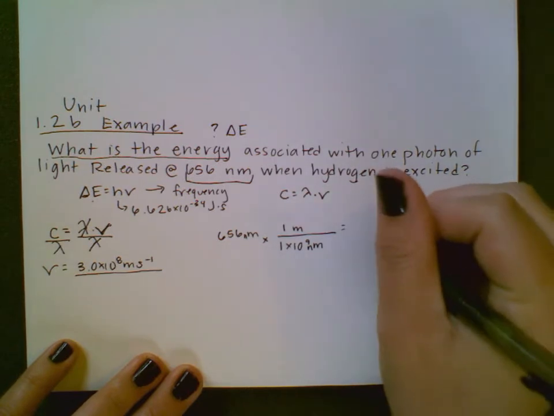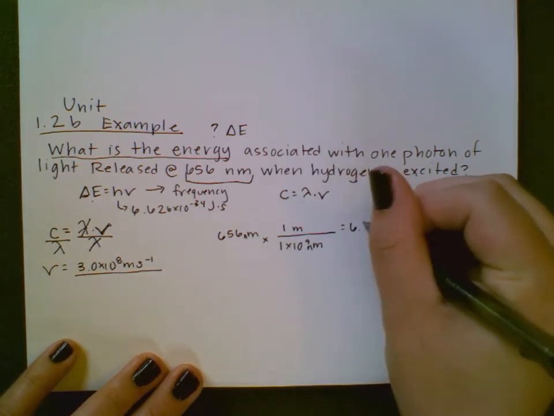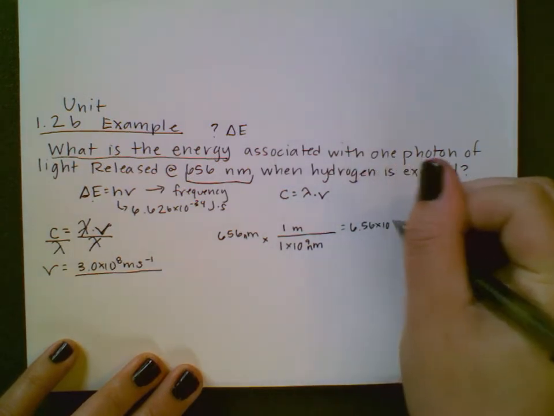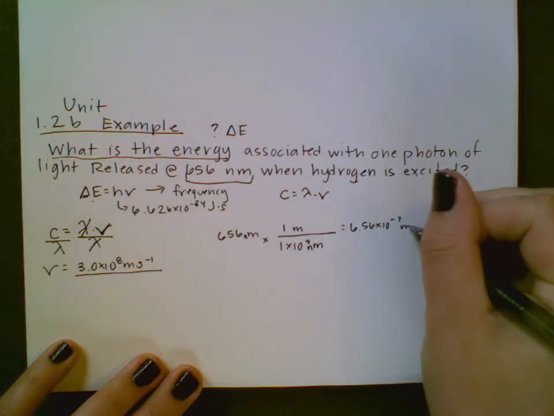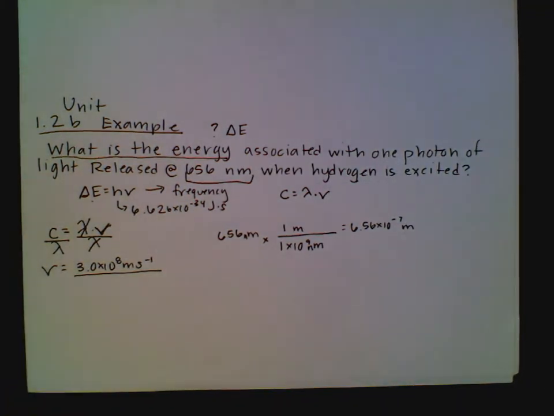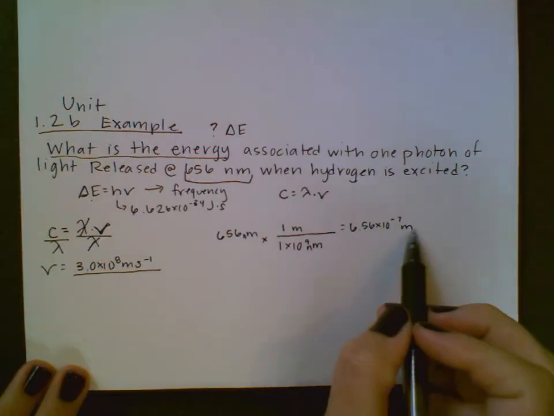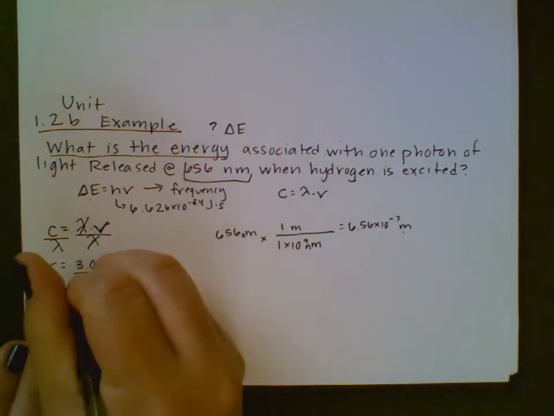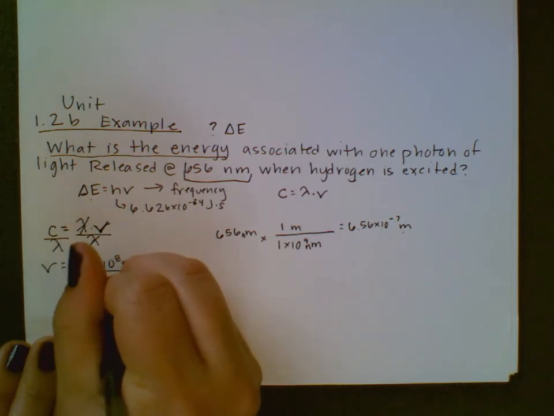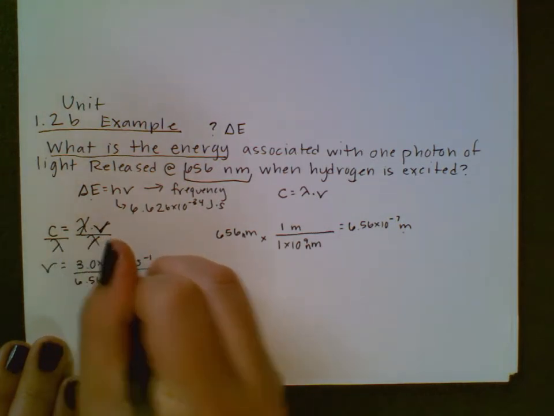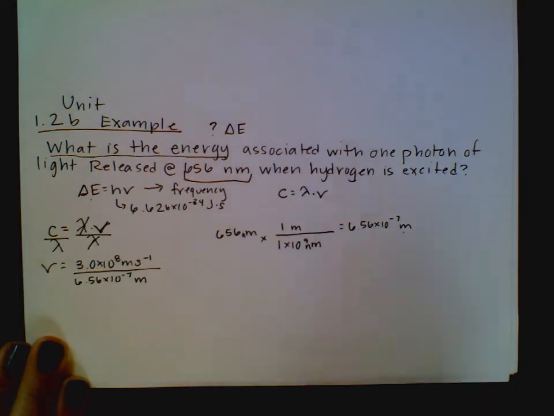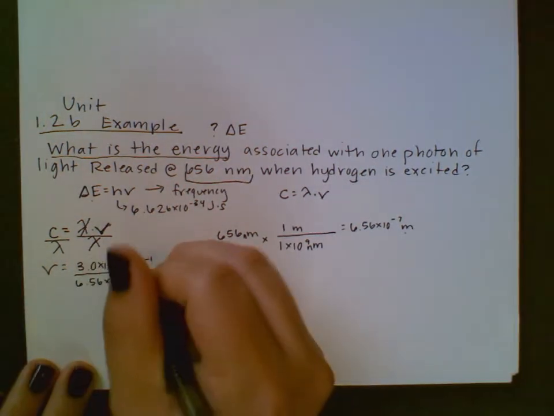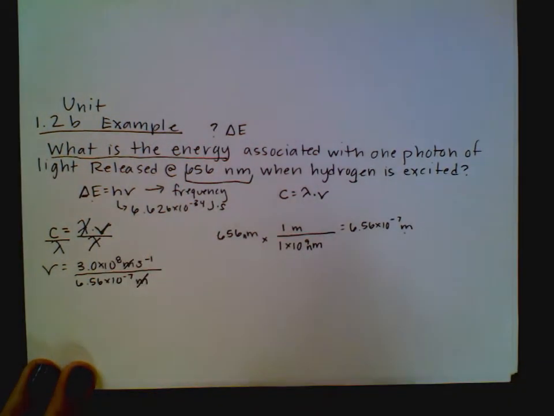And that comes out to be 6.56 times 10 to the negative 7th meters. And now we're cooking with gas, and we can put this into our equation. So 6.56 times 10 to the negative 7th meters. If you think about the units, meter and meter cancel out.